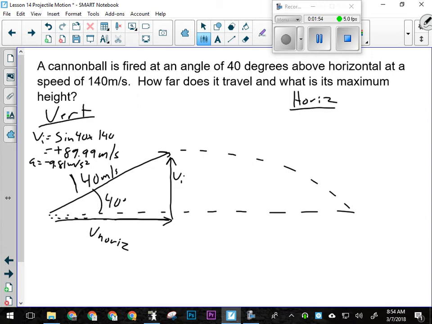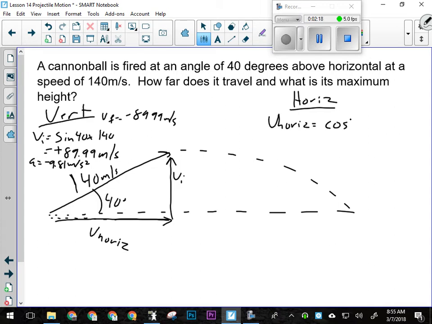As long as they don't mention there's any height differential, that is a safe assumption. If there is a height differential, then it's not, but we probably won't deal with too many of those. All right, so we know that VF then is negative 89.99 meters per second.